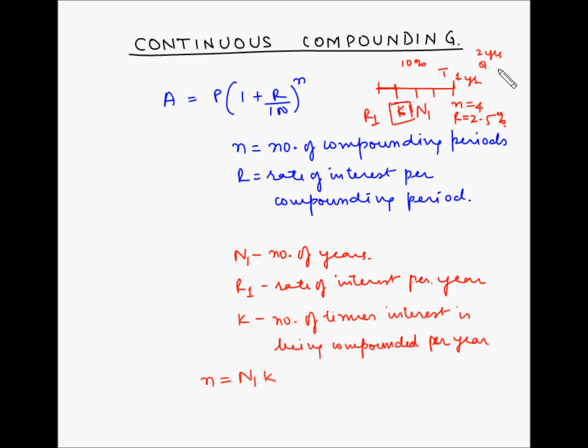So in this case, capital N1 is the number of years, which is 2, and K is the number of times interest is being compounded per year. So K is equal to 4 because we are compounding quarterly. So 4 times a year. So our n becomes 2 multiplied by 4, which is 8.